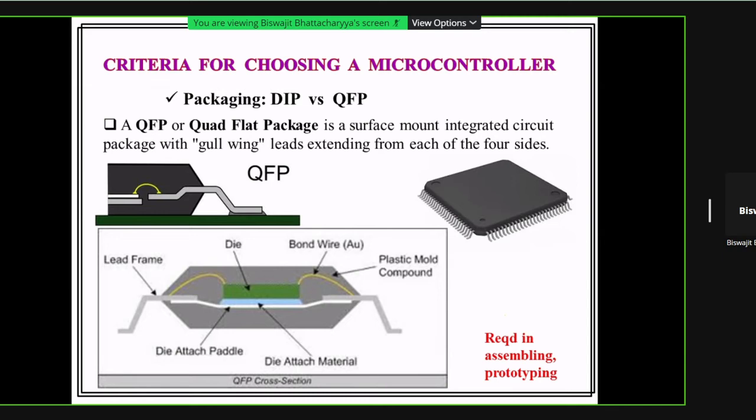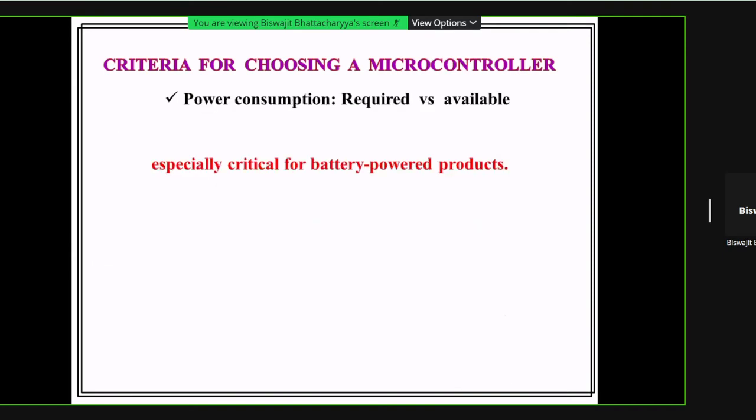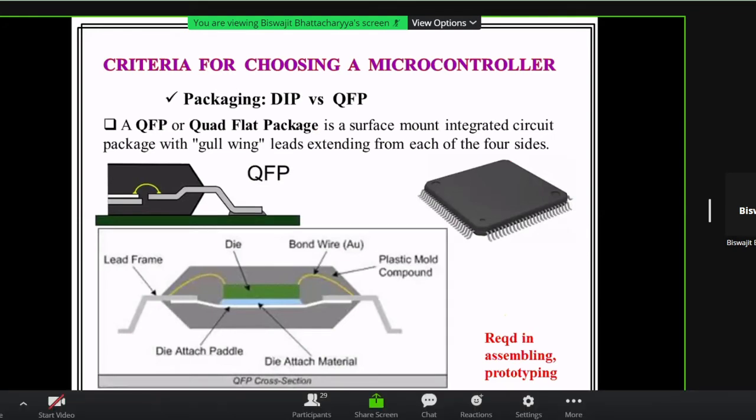Mainly this type of package is used when one IC is handling a large number of pins. For a smaller number of pins, DIP is used. For a larger number of pins, normally DIP is not used, normally QFP is used. Next, our AVR microcontroller will mostly use the QFP package. I will show you later.